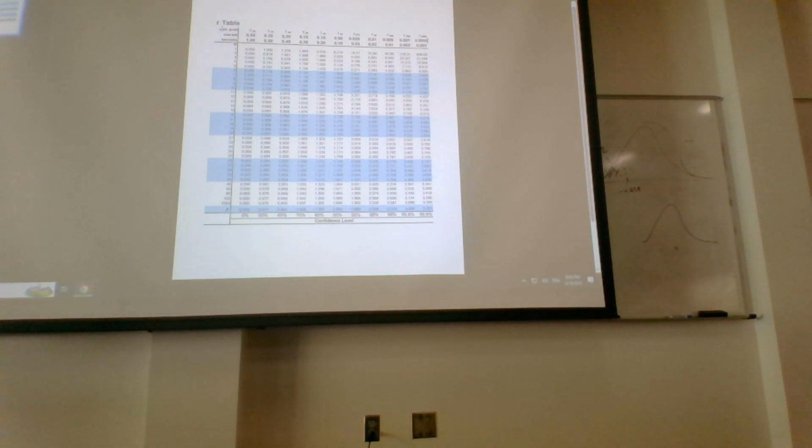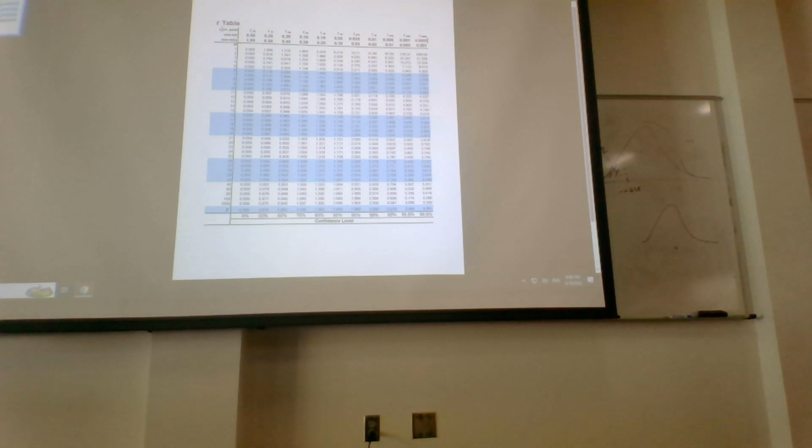So just disregard the notation of the cumulative probability. You just calculate the cumulative probability by yourself.